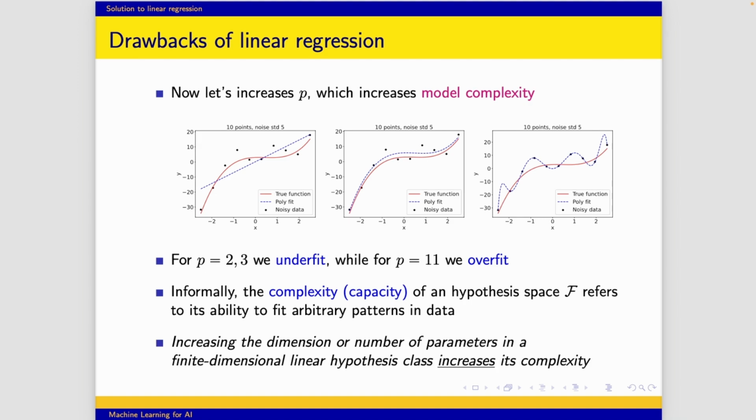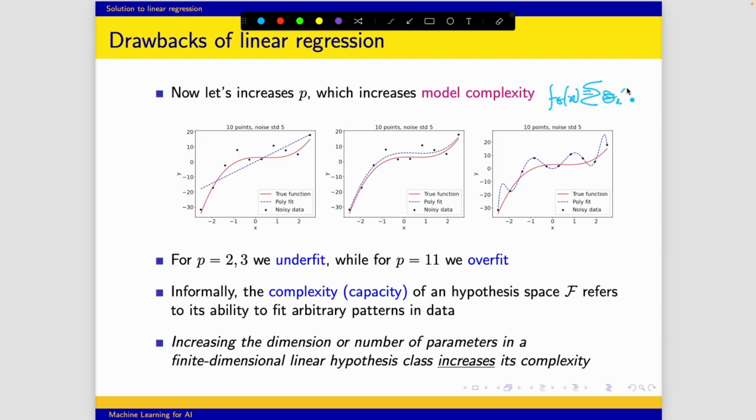Now, for finite dimensional linear models, what do I mean by finite dimensional? I mean, in our case, we're looking at linear regression models of the form f theta of x equals the sum over i of theta i phi i of x. And we have a finite number of basis functions and therefore a finite number of parameters. All functions f theta lie in our hypothesis space. And what is this hypothesis space?